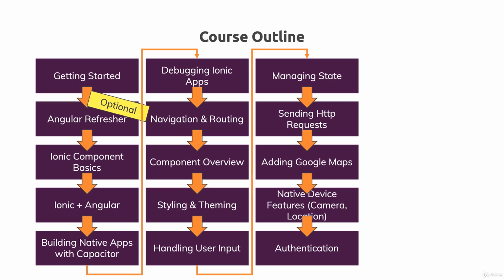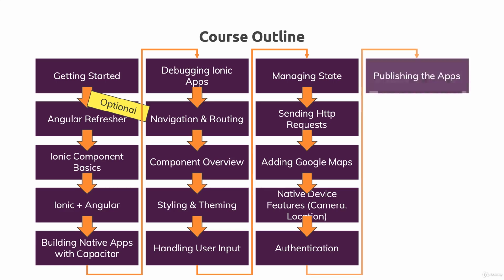And once we finish that project, which we'll have after the authentication section, it is of course time to publish the app. And therefore, in the publishing section, I will teach you how you can get your application into the Google Play Store, into the Apple App Store, or also publish it as a web app, because that is something you can build with Ionic and Angular too. You can ship a regular web app or even a progressive web app, which I will show to you as well.